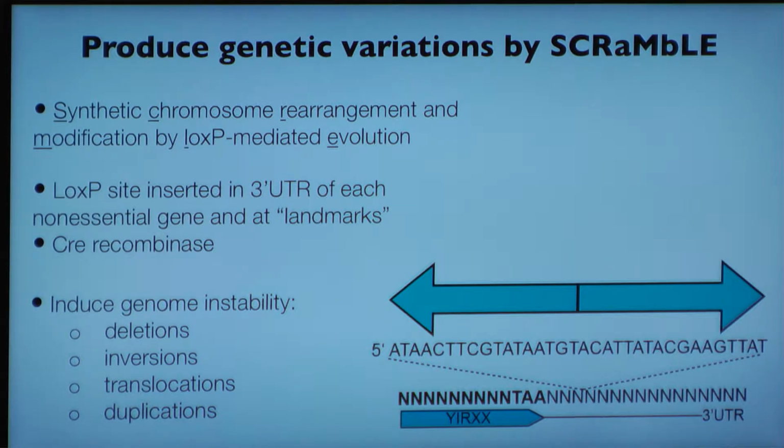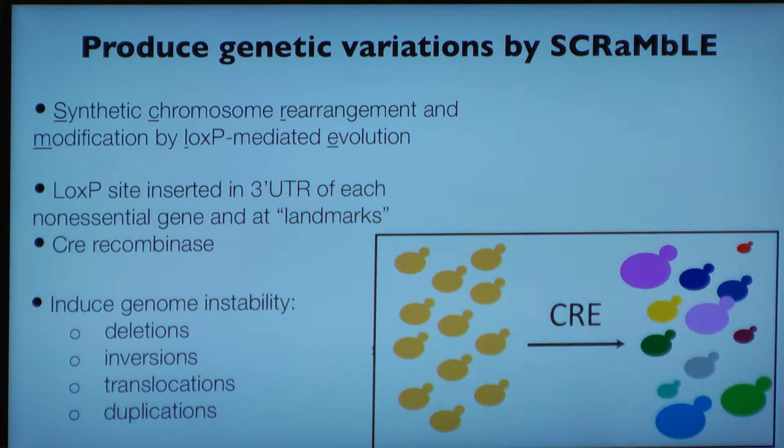As we all know, there's one important feature in the synthetic yeast project, which is the SCRaMbLE system. In short, SCRaMbLE is just a lot of LoxP sites integrated into the synthetic chromosome. The presence of the LoxP sites allows us to SCRaMbLE, or make a lot of variation of the genomes, if we induce the recombinase.